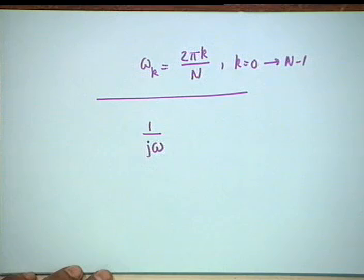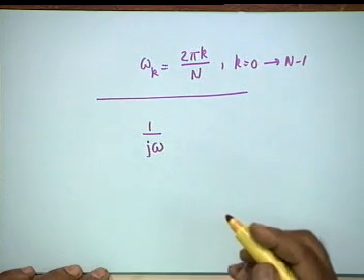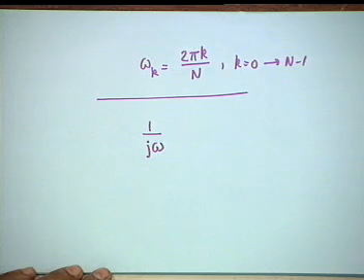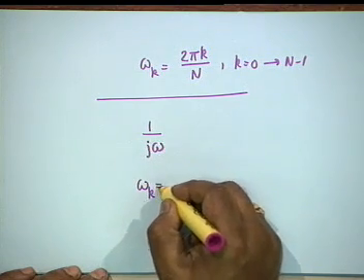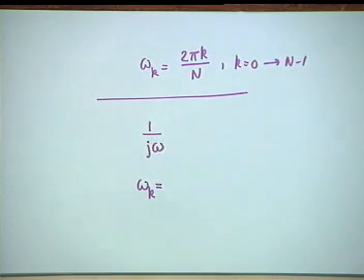Agreed? There are other situations when this is true, and therefore we cannot take a sample at omega equal to 0. In other words, we have to take a sample slightly shifted, close to 0 but not at 0.